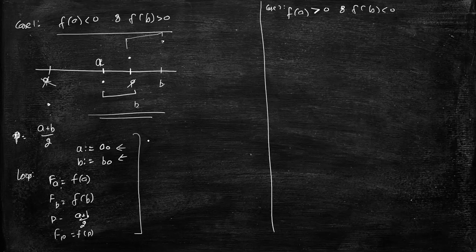Then how to update values of A and B? Update will take place like this. If FP equal to 0, we have our root. We have to do nothing.